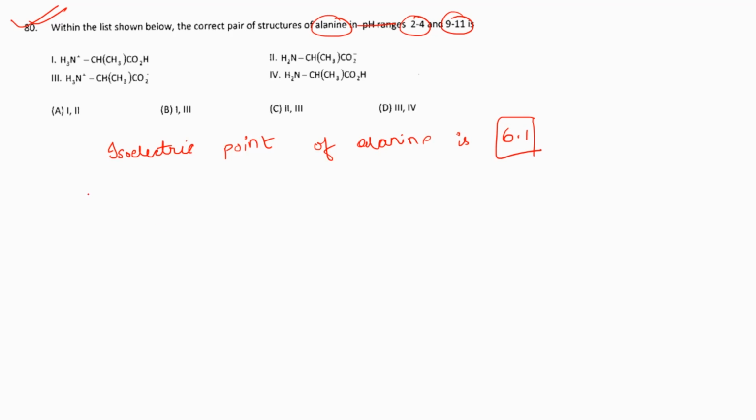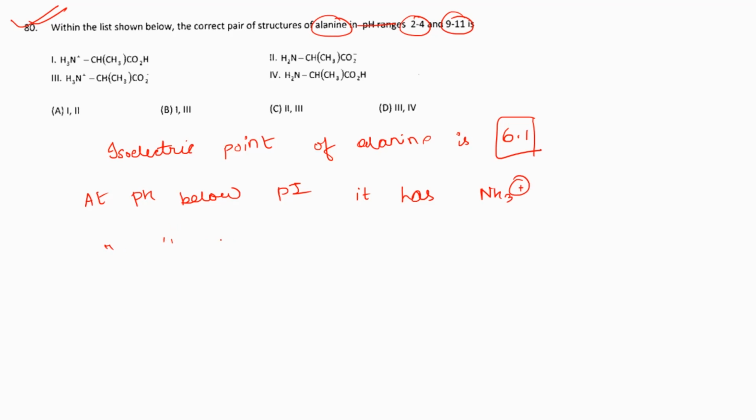Now at pH below this isoelectric point, as the pH is reducing, it is in an acidic form. When it is acidic, it will have a tendency to react with the hydrogen, so it will have NH3 positive.